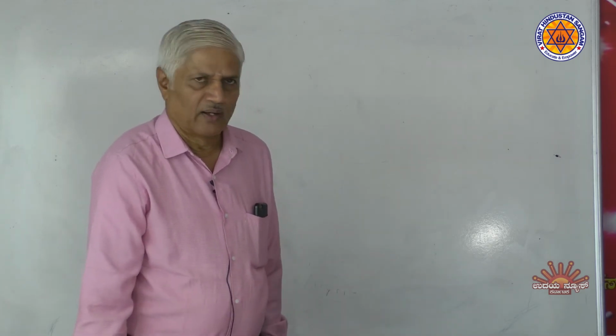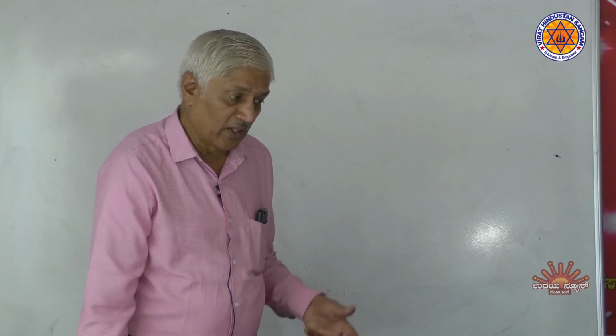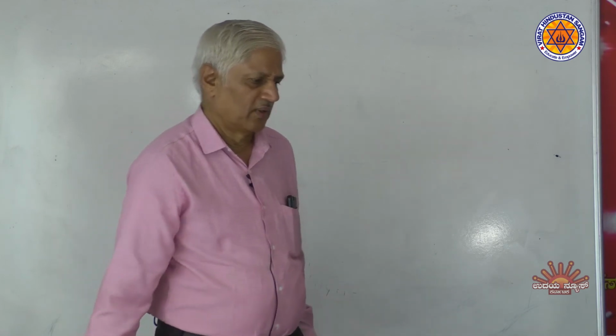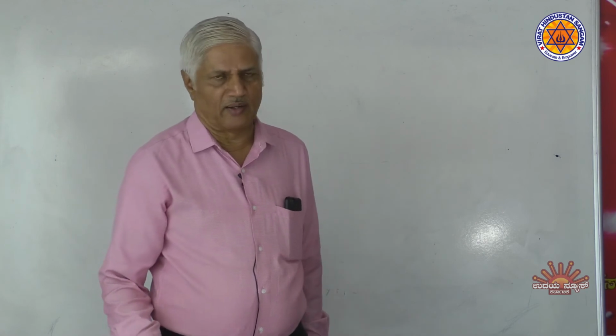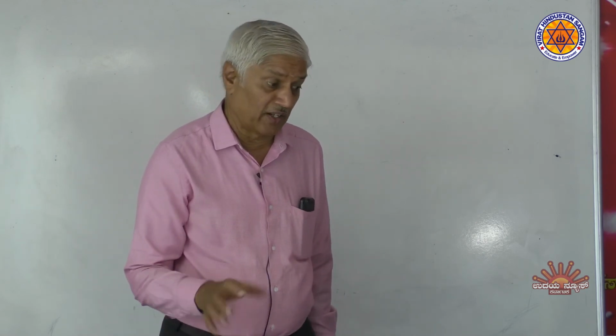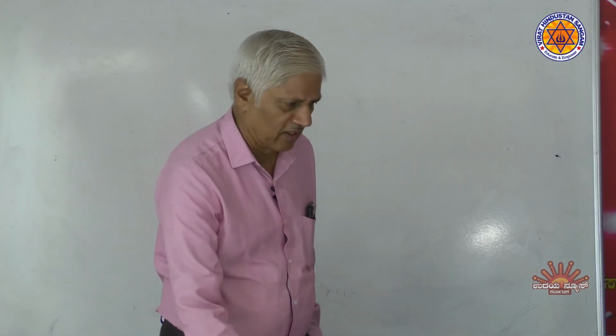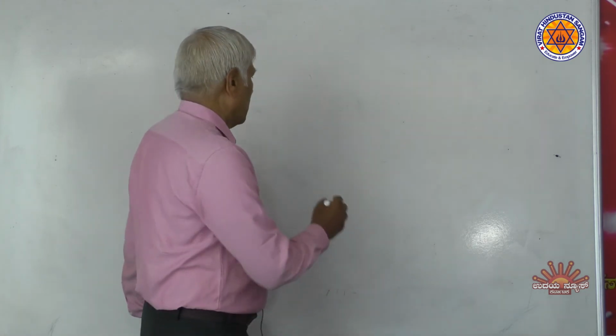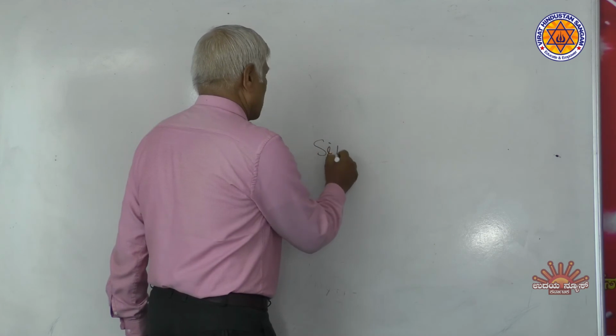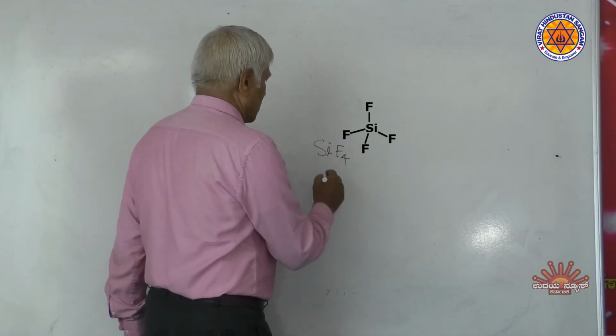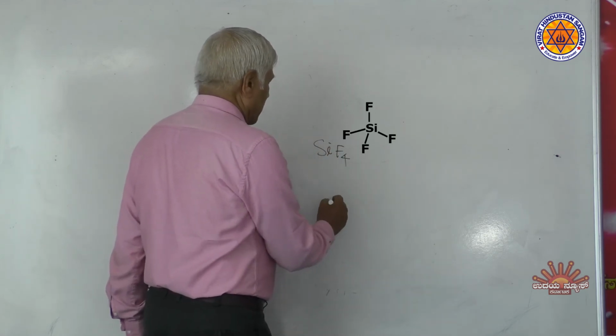Look, fluorine is highly electronegative. Silicon is a metalloid. There is sufficient difference in electronegativity between silicon and fluorine. But silicon compounds, SiF4, SiCl4, etc., are tetrahedral molecules.